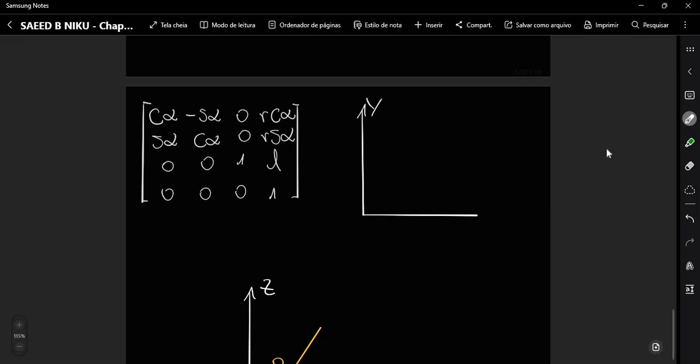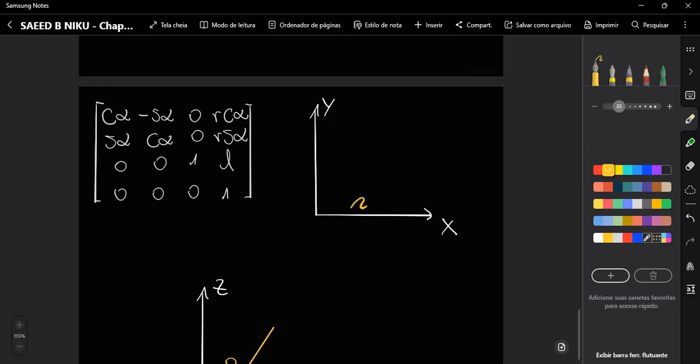So that is the y-axis, and that is the x-axis. And again, we have a vector. This is the origin of the vector. And we have this vector on the xy plane. So the vector is on the xy plane.